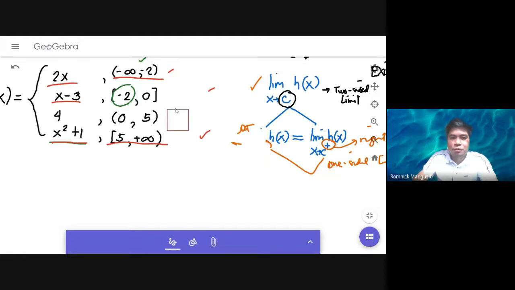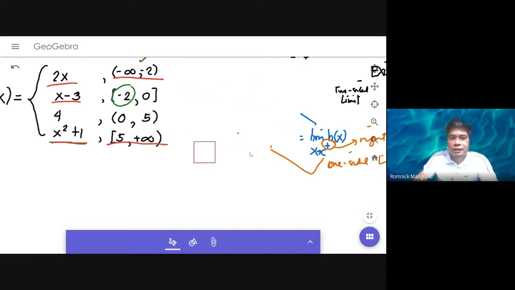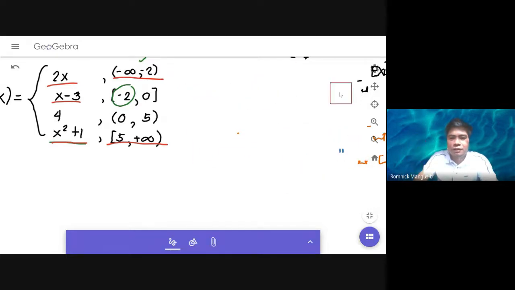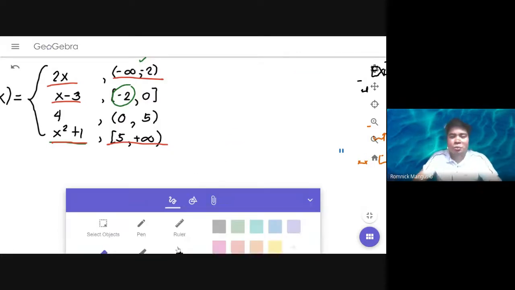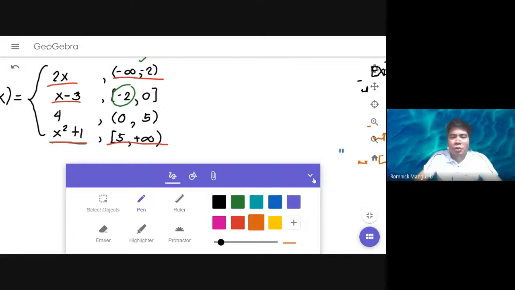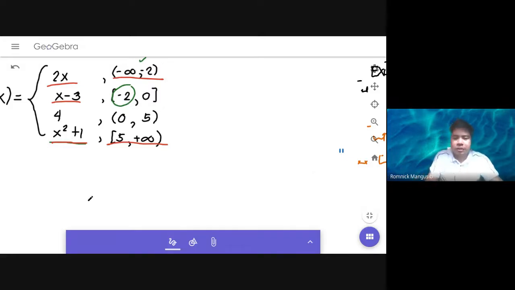Pero bago tayo pumunta dun sa left and right, I would like to talk about this two-sided limit, or I am going to show to you, ano ba, kung ito ba ay 5, this is 5. Kunwari ito yung horizontal real number system. Ito ang 5. So, all numbers greater than 5, we have 5 and positive infinity.